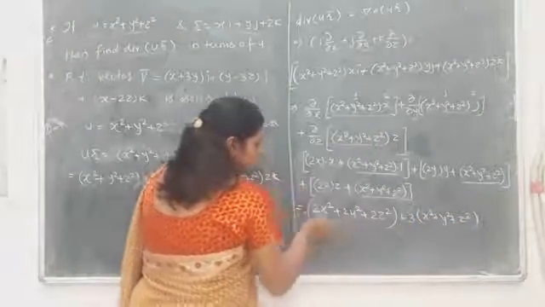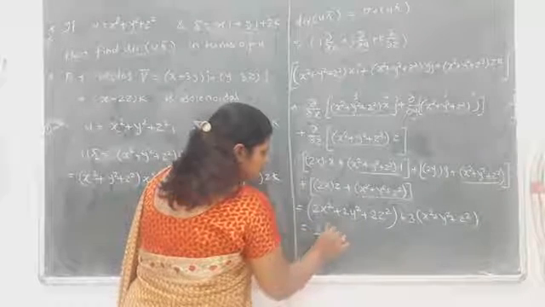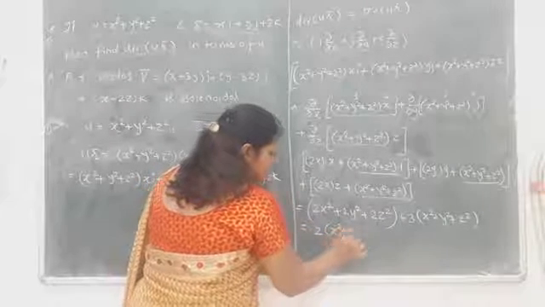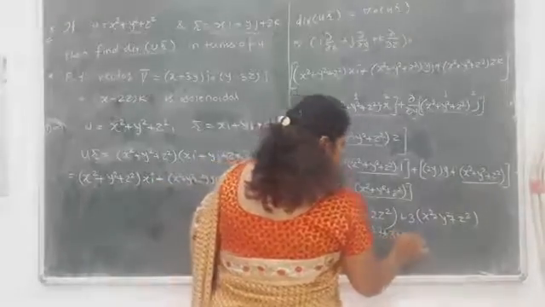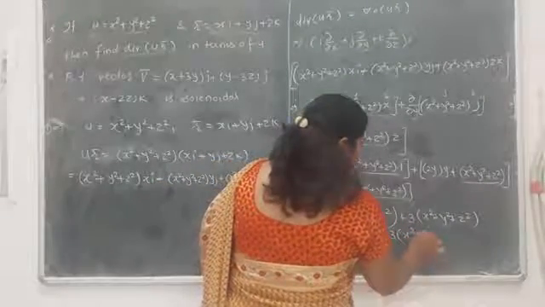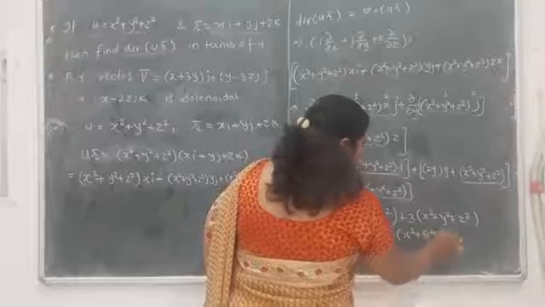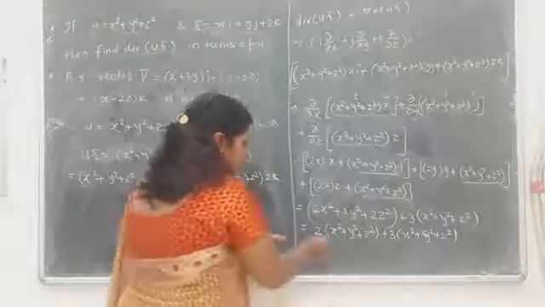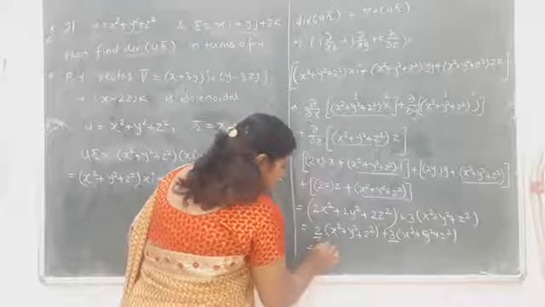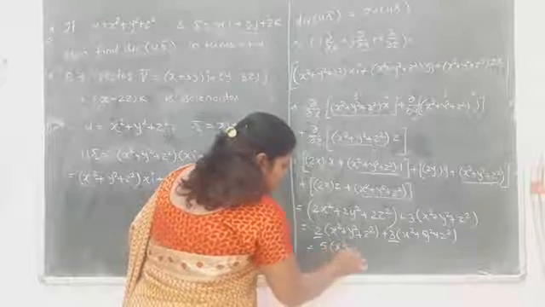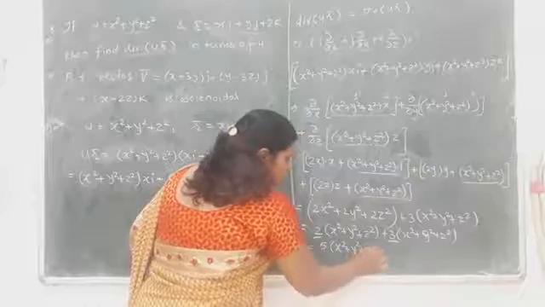Again here we take 2 common, so 2 comes out, (x square plus y square plus z square), plus 3 into (x square plus y square plus z square). So finally, that term is 2 times and that is 3 times, so the total is 5 times. We write 5 into (x square plus y square plus z square).